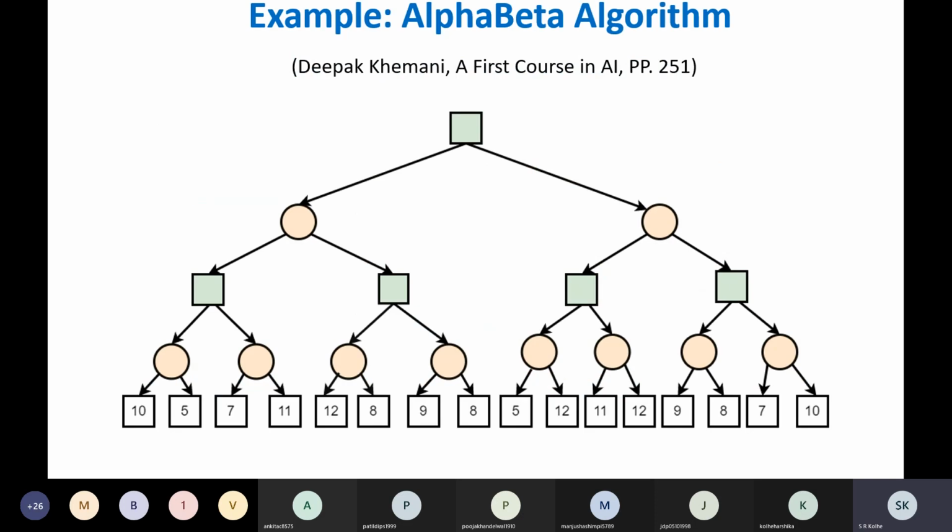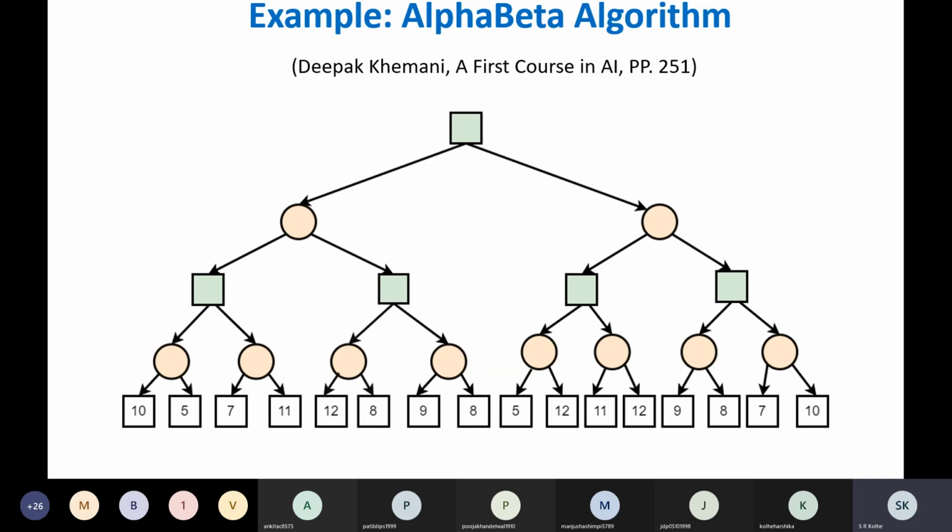Now let us understand the functioning of whatever I told you with this example on page number 251. This is a 4-ply game tree given to you. Now trace the execution of the SSS star algorithm on this game tree. What is the first step? Find out the set of nodes which will cover all strategies.